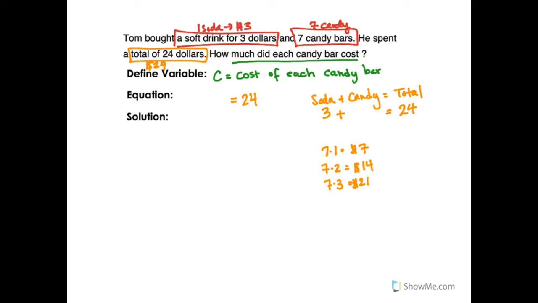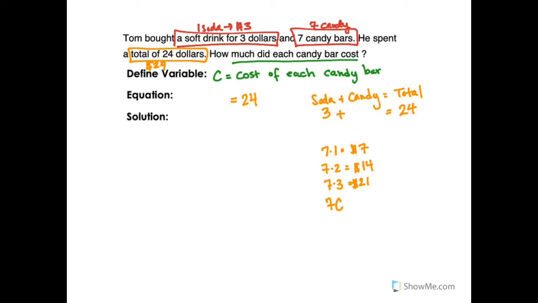However, I don't know how much each candy bar costs, so I don't know what I'm multiplying that 7 by. But I am using a variable to represent the cost of each candy bar, which is C. So instead of multiplying 7 times a number to figure out how much all the candy bars cost, I'm simply going to multiply 7 times C, because that's what's holding the place of how much each candy bar costs.